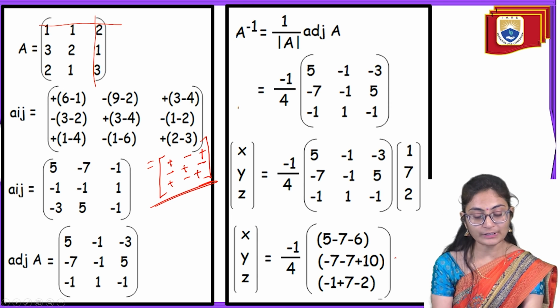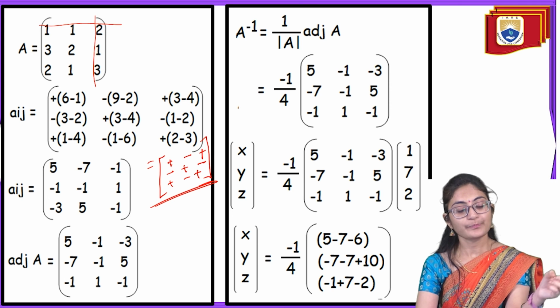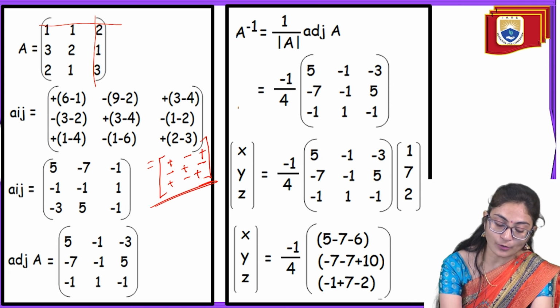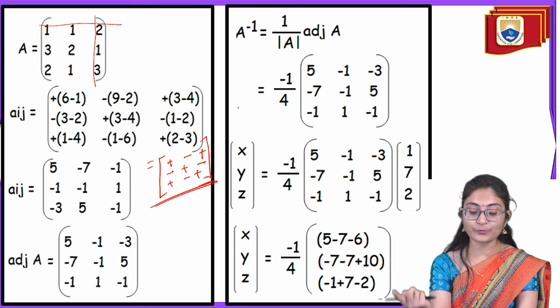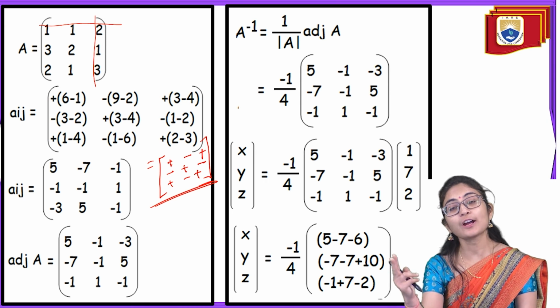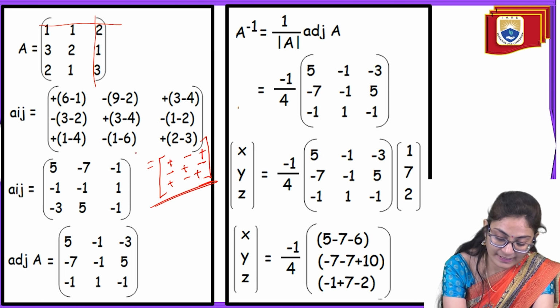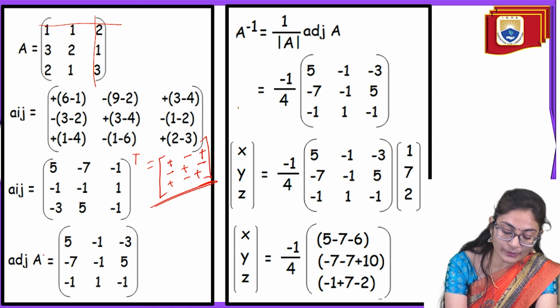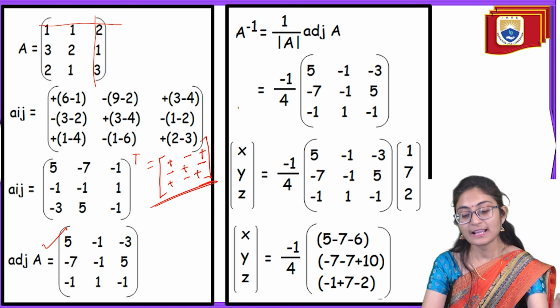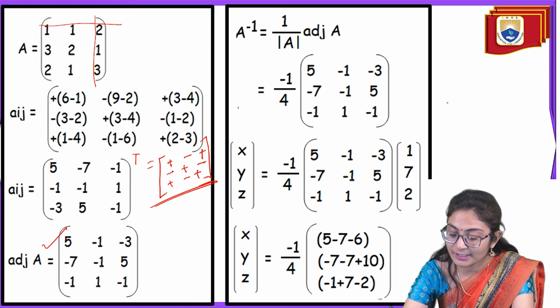That means according to this, you have to find all these values of the adjoint of A, and for the adjoint of A you have to use the transpose of A. After transposing, you will get the adjoint of A values.